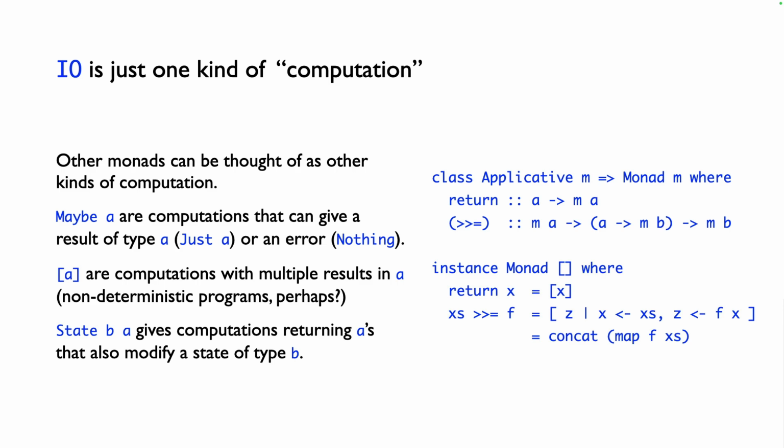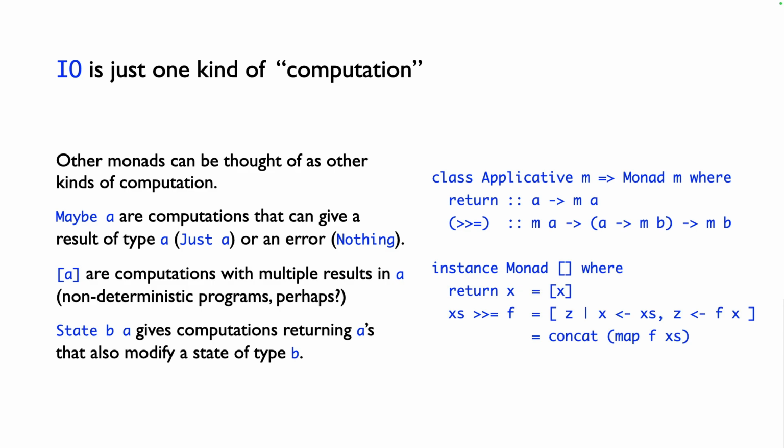In the case of lists, how do we inject an element into a list type? Well, we just have the singleton list. Now, what about the case where we return a list of results and we have this function f to apply? We apply f to everything in that list, and each of those answers will be a list, so we concatenate that list of lists into a single list.